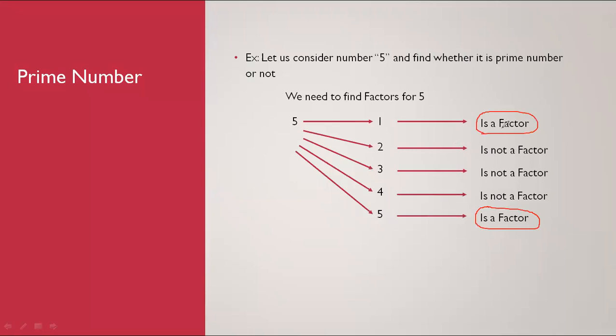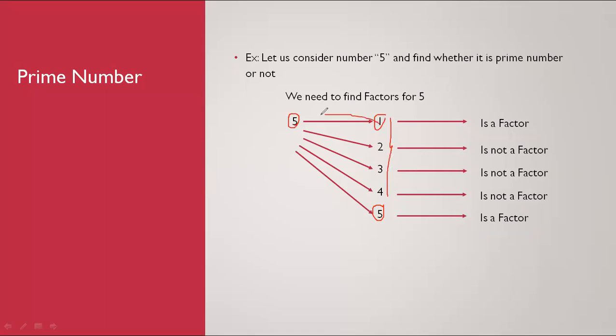In that case, if the number of factors is equal to 2, then only we can say that the number is a prime number. If it has more than 2 factors, then it is not a prime number, right? Hope this clears. So where it has started, it started from 1 and it ended at 5. The number remains the same. However, the divisor is getting incremented every time.